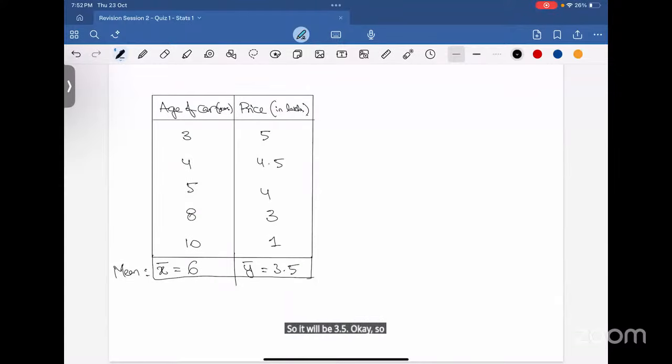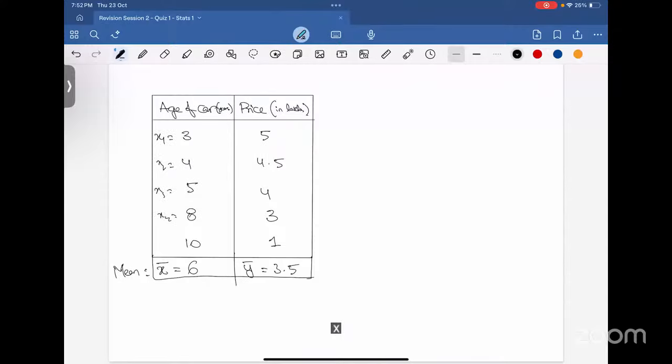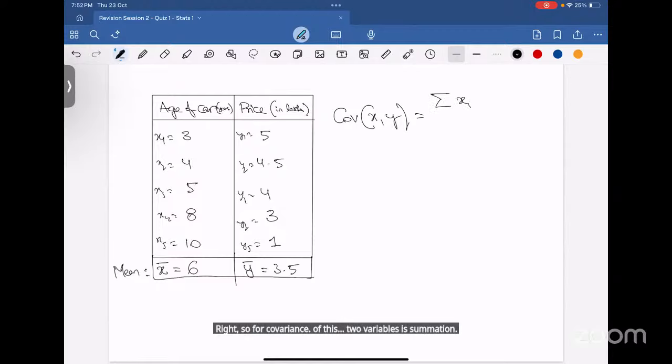Once we have these means and all the data points, x1, x2, x3, x4, x5 and y1, y2, y3, y4, y5, the covariance of these two variables is the summation of xi minus x bar, which is 6, into yi minus 3.5, whole divided by n, which is 5 here.